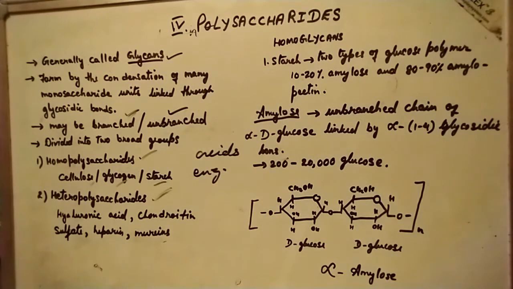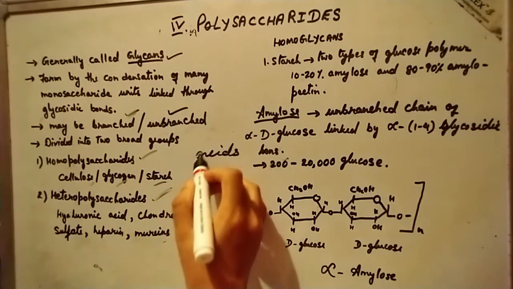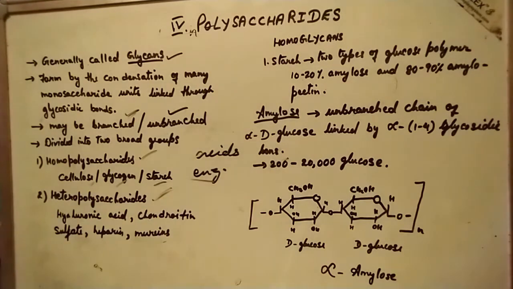Now these polysaccharides invariably have very high molecular weight, and they serve as structural components of the cell as well as function as nutrients, and they can be hydrolyzed by acids or by enzymes to yield monosaccharide units or their derivatives.